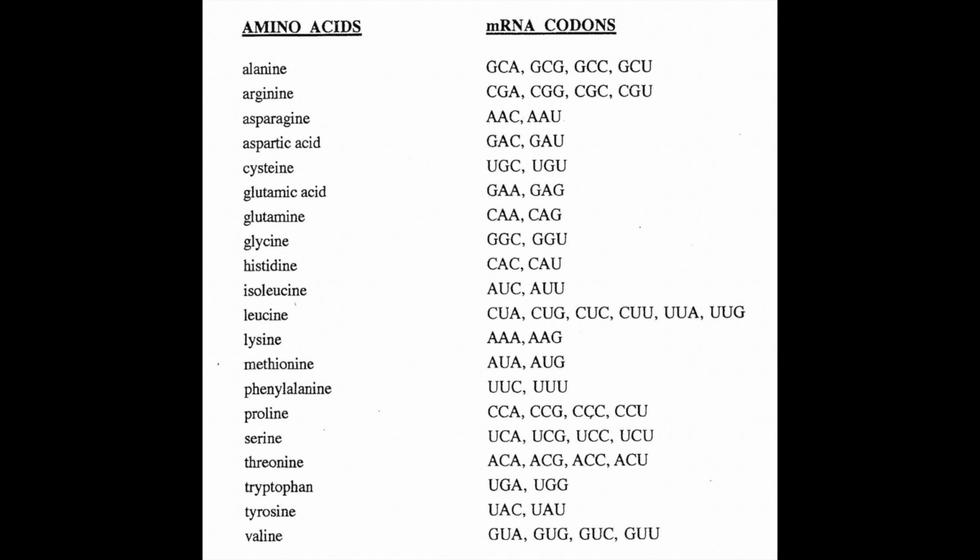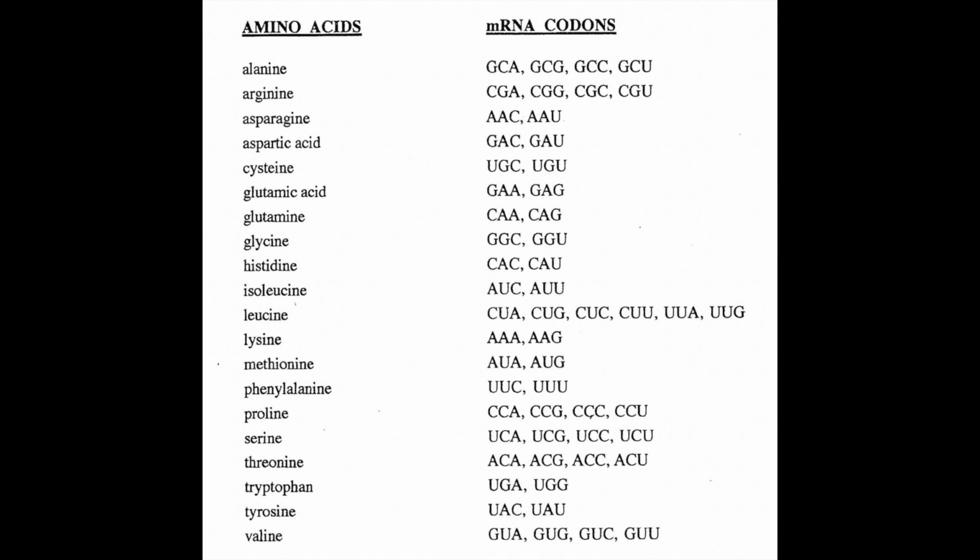Can you find in that chart the codon AUG? I'll give you a second to find that. I'll give you a hint. It's just a little bit over halfway down the chart. AUG. Okay, according to that chart, what amino acid does the codon AUG code for?